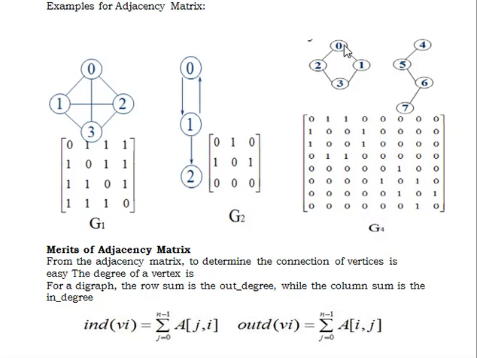So there are 8 vertices, from 0 to 7. There are 8 vertices in this graph. Similarly, we have to follow for the undirected graph. The same process is followed to frame the adjacency matrix.